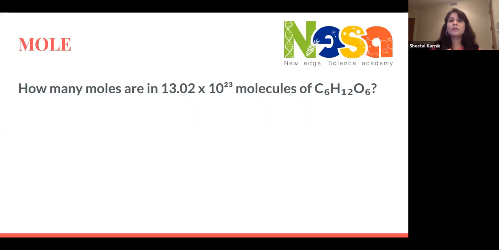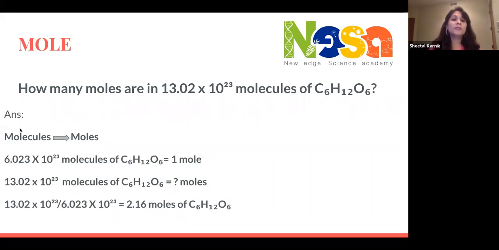We are going to first start with what is given and which direction we want our thought process to go. In this case, as you can see, the molecules are given and we have to find the number of moles. So we will start with molecules, go to moles, and now let's start with how many molecules equal how many moles. So this many molecules of anything, in this case C6H12O6, equals 1 mole.